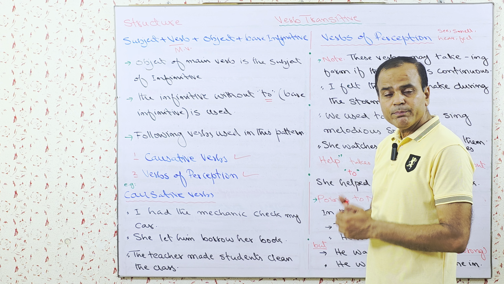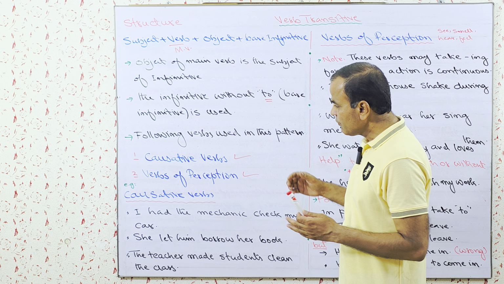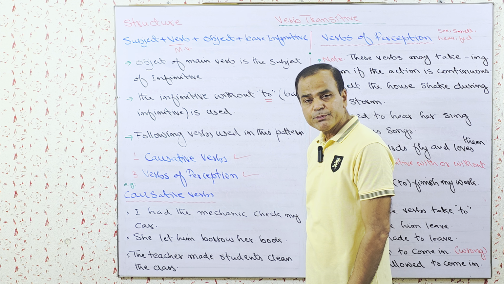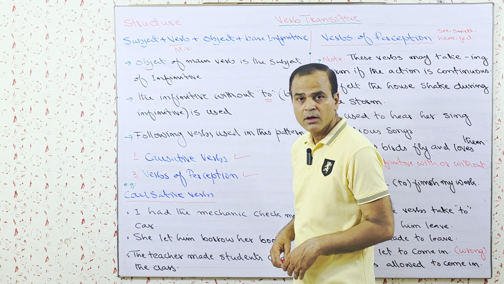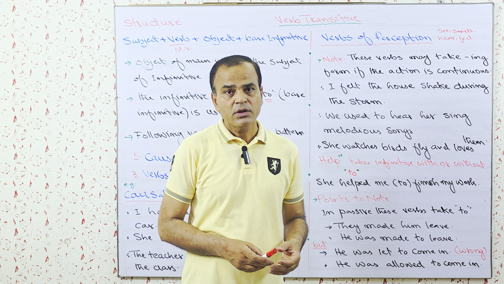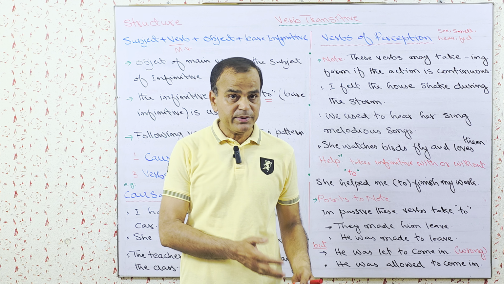Now, what are the verbs used in this particular pattern? The very commonly used verbs in this construction are causative verbs and verbs of perception. Causative verbs are the verbs which show that you do not do the work yourself, but you make some other person do the work.